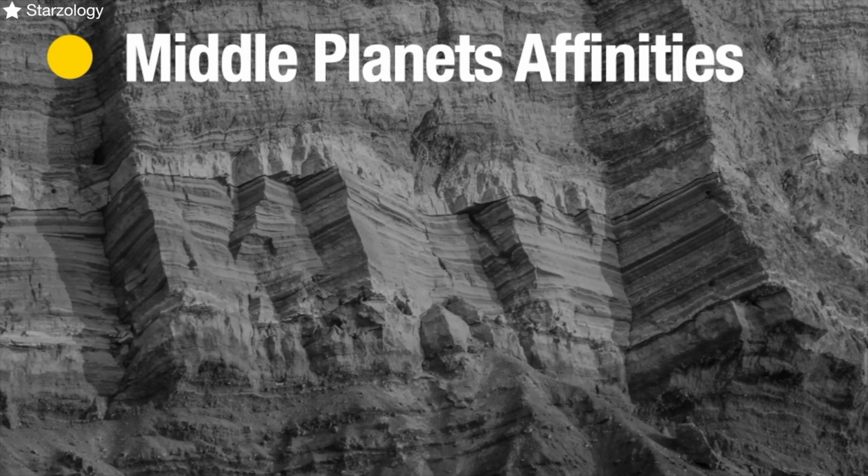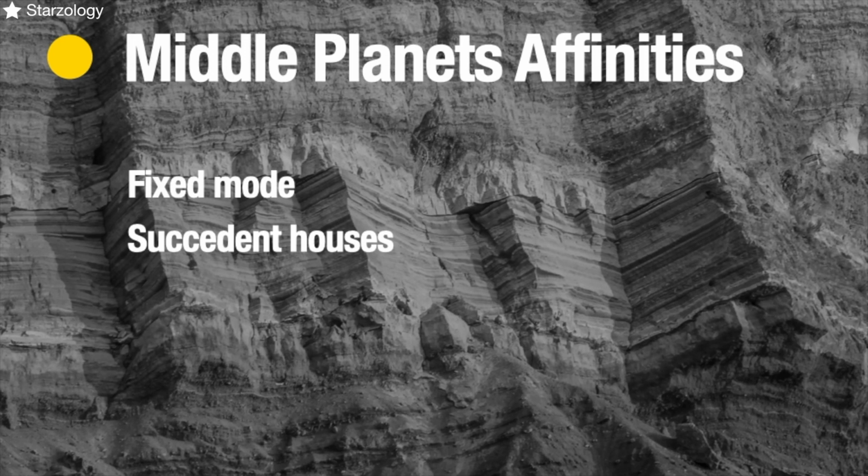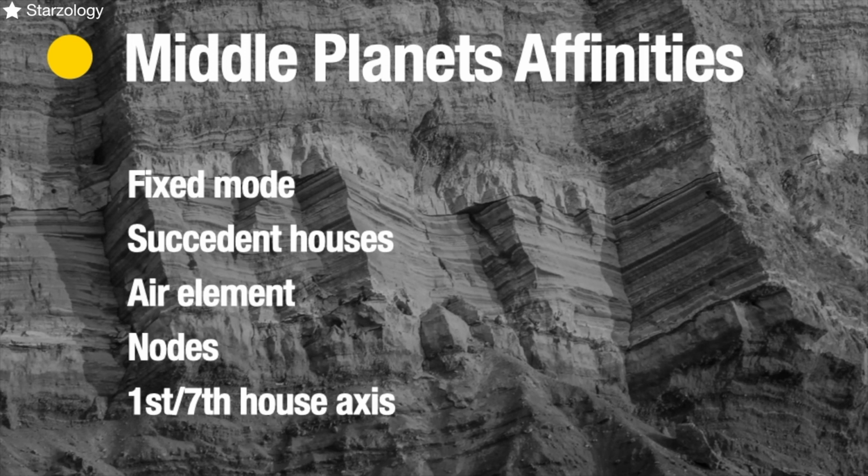And some of your middle planet affinities are to do with the fixed mode, the succedent houses, the element of air, the nodes, and the 1st, 7th house axis, because they are part of the bigger picture. A middle planet is definitely part of the bigger picture.